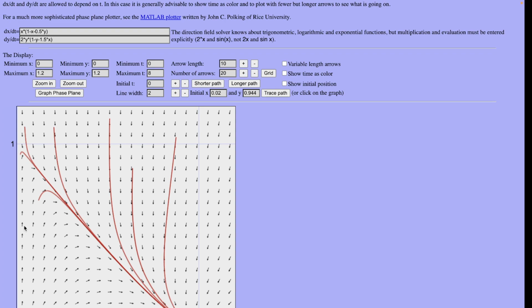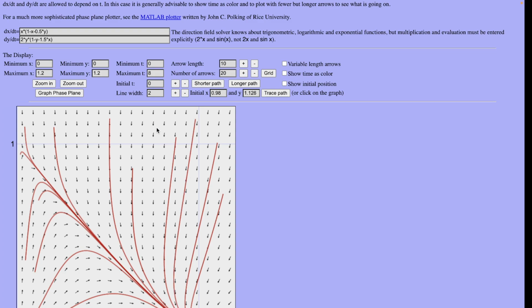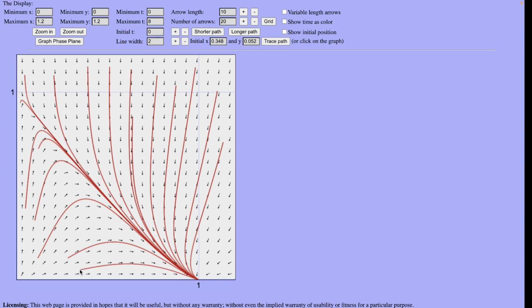Obviously, all trajectories go to the equilibrium point (1, 0), E1, and (0, 1), E2, is an unstable saddle point. (0, 0) is also unstable, and E star does not exist here.